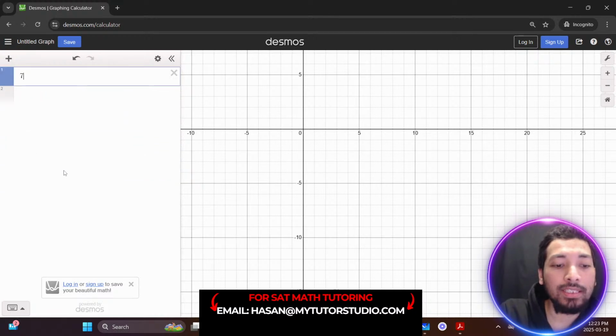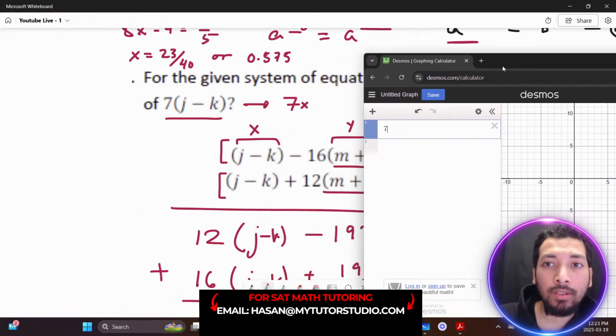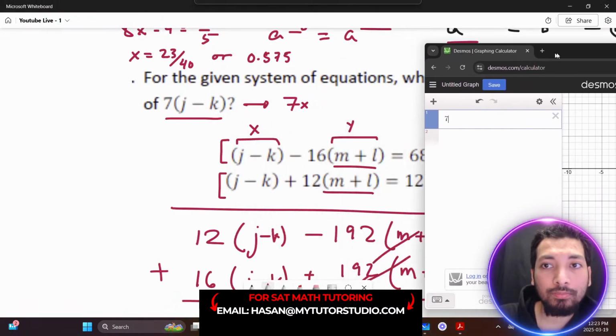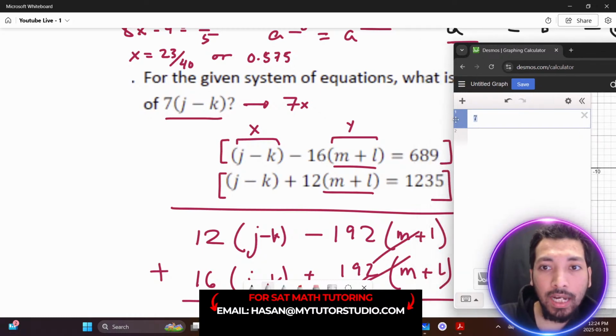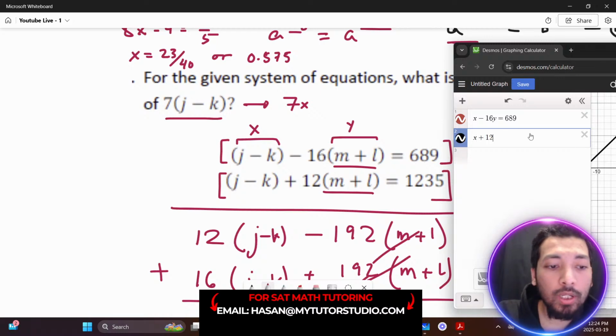So if you just look at these two equations, I have x minus 16 times y is equal to 689. So instead of j minus k and m plus L, I'll just take these as x and y. And the second equation is x plus 12 times y is equal to 1235.